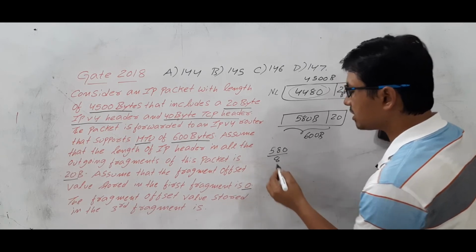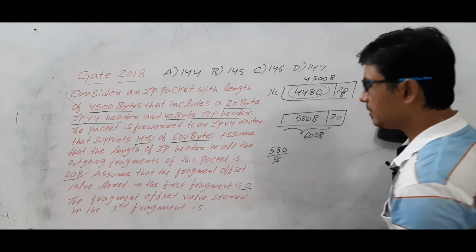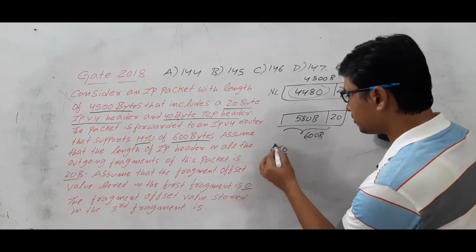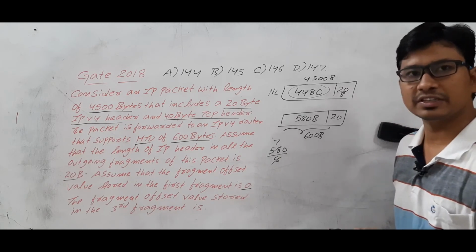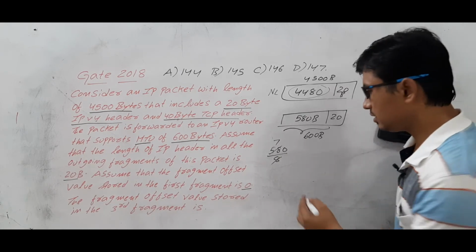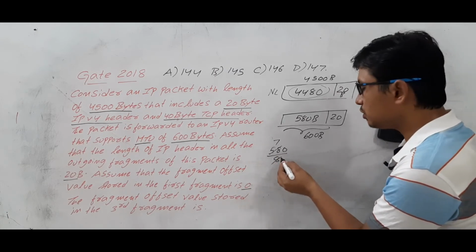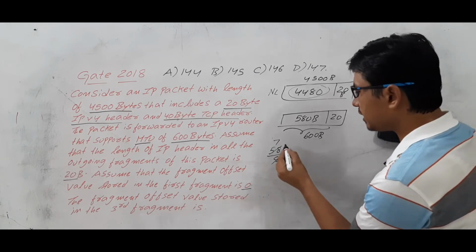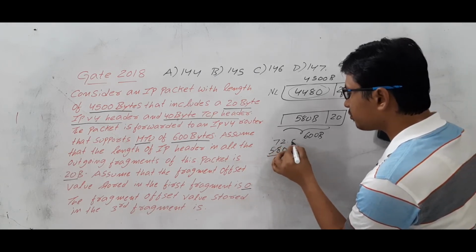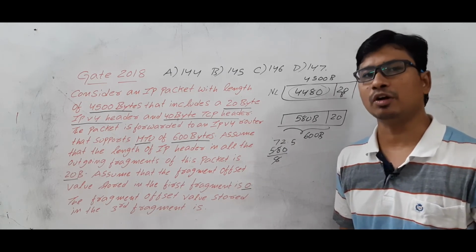You need to check whether it is divisible by 8 or not. 8 sevens are 56, 8 threes are 24, 8 twos are 16, so you will get 72.5. That 72.5 value you cannot keep in the fragment offset field.